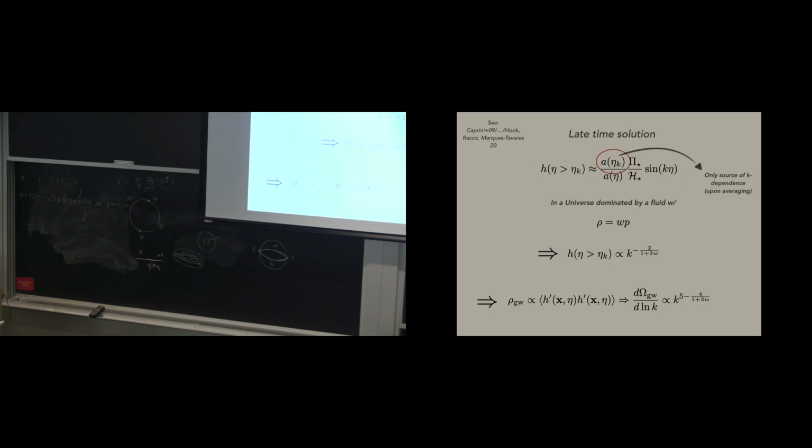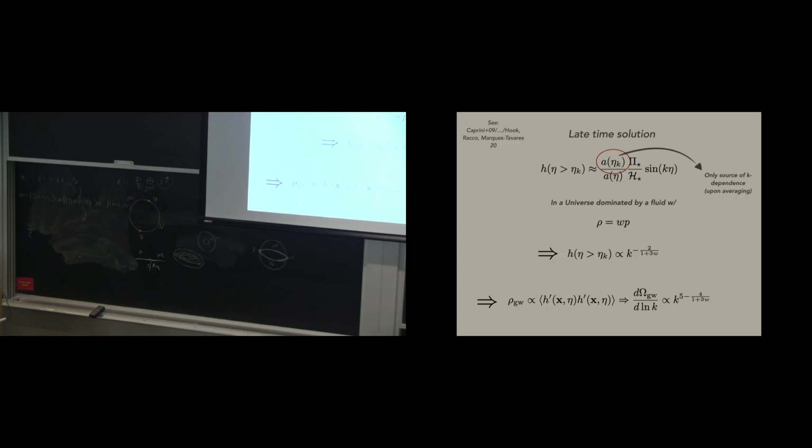Now, if you look at the behavior of this scale factor, the evolution will depend on the equation of state of the background. In particular, the dependence is as follows. h will go like k to minus this power here, which depends on w.